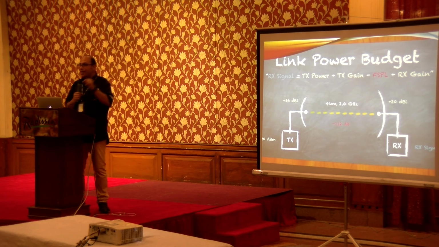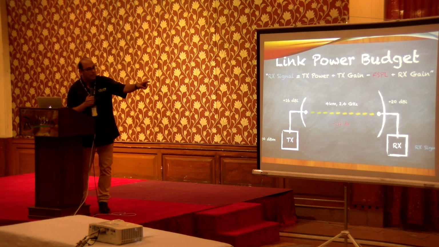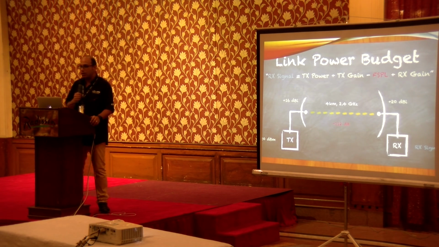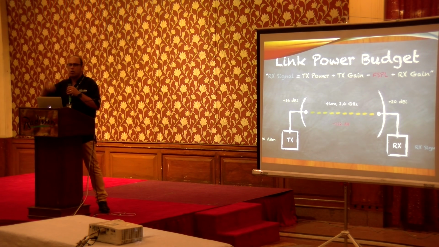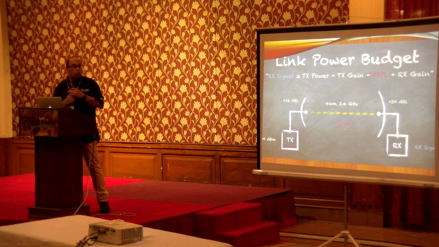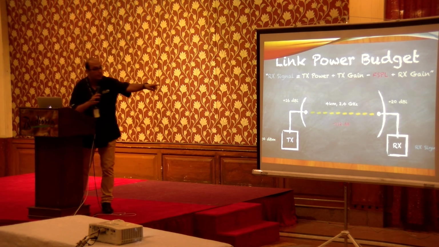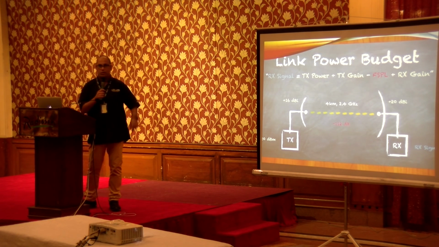So FSPL should be calculated. FSPL is free space path loss. Also, if you search online, there are a bunch of calculators, FSPL calculators. So before this calculation, you need to use an FSPL calculator to calculate the FSPL first, and then you can use the value in this calculation.